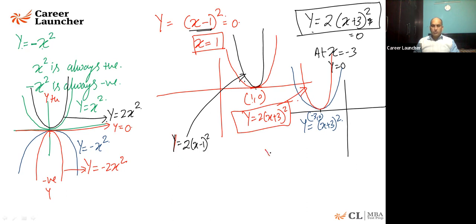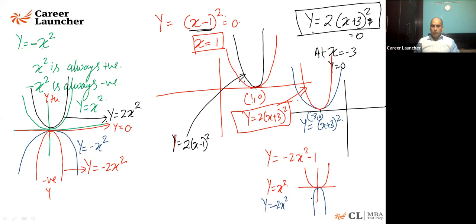Now I'm asked the question, can you draw this one? How will it be drawn? So Pulkit, look at this. You can draw easily y equal to 2x square. Now I'm changing also the color so that it will be easy for you. Y equal to twice of x square, minus twice of x square. I know it will be steeper and it will be in downward direction.